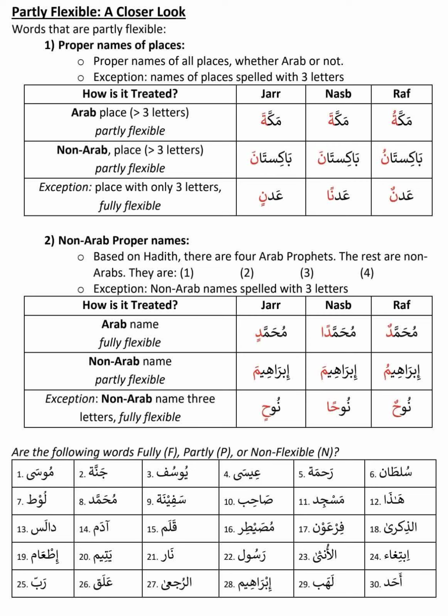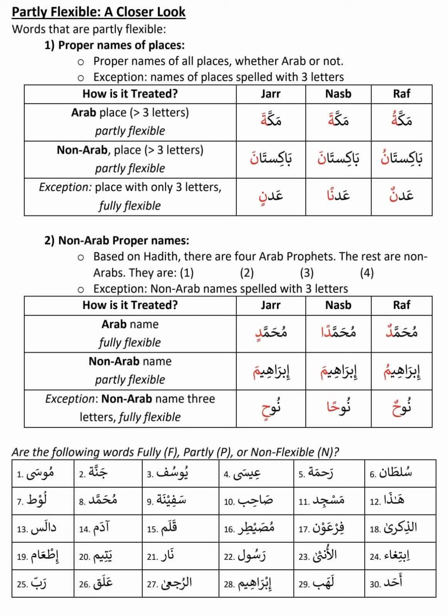But there is one exception. Even though it is a name of a place, if it is three letters, then it will become fully flexible. The example given is Adin. So Adin is three letters: Ain, Dal, Noon. So since it is three letters, even though it is a name of a place, Adin is actually, I think, the name of a paradise.